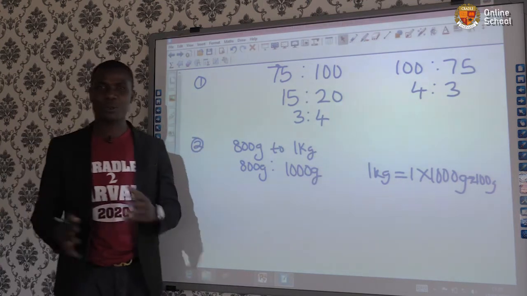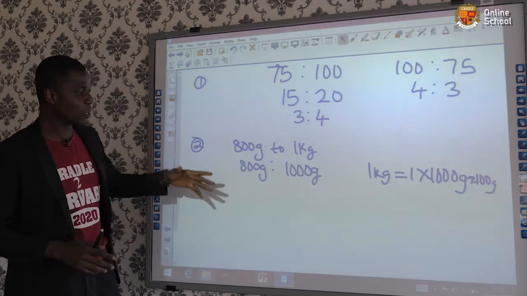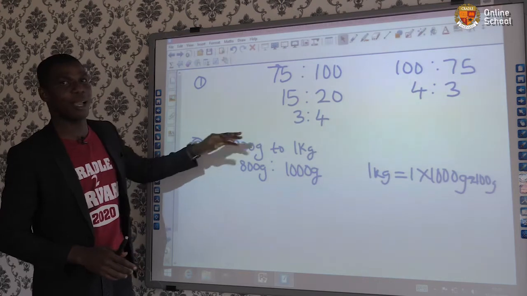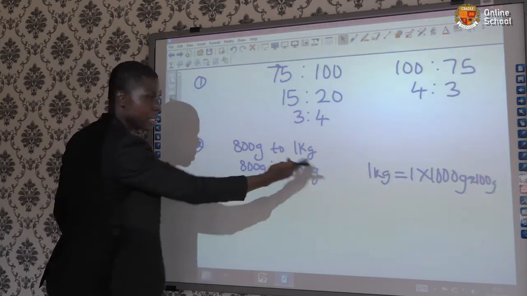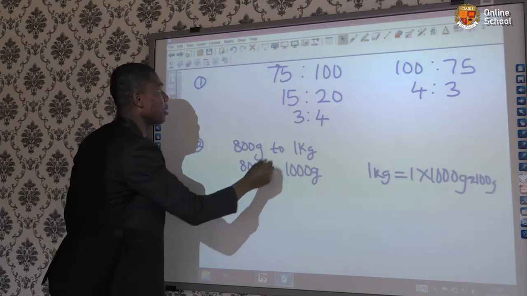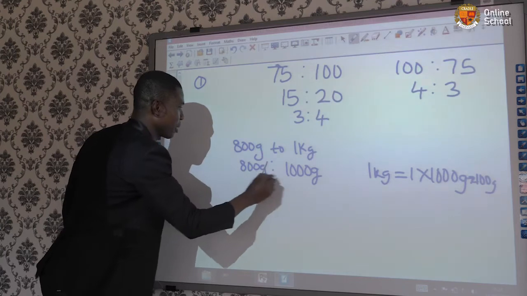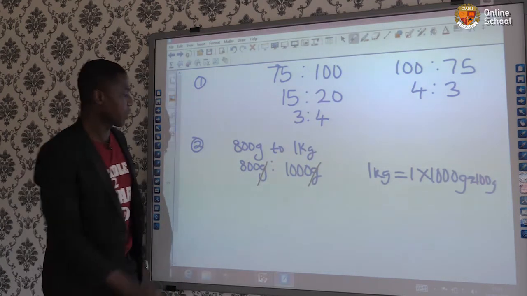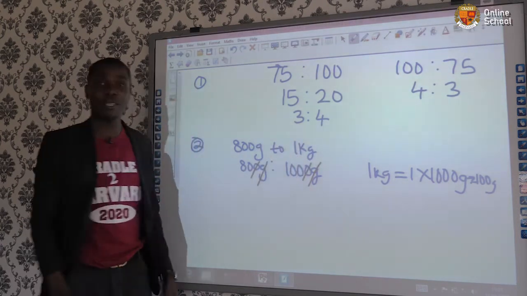There's something I want to discuss with us very, very fast. There's a technique which you can just use to eliminate this very fast, other than just start dividing by 2 and all that. When you look at this, from this end, you can see that gram is here, gram is here. What happens? Gram has gone. Isn't it? Good. 0 is here, 0 is here. 0 is gone.